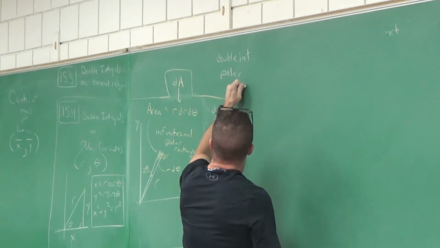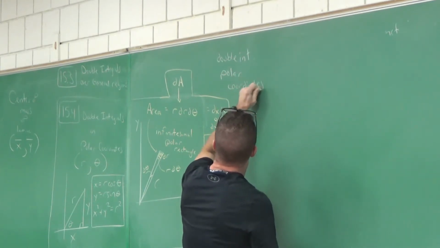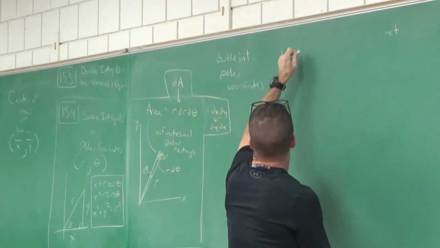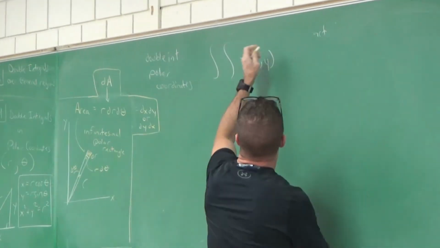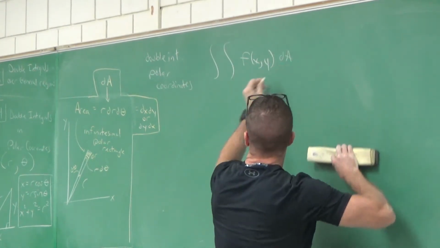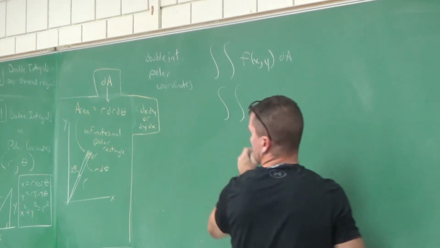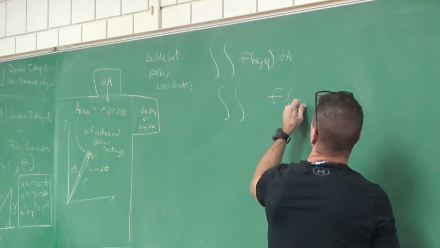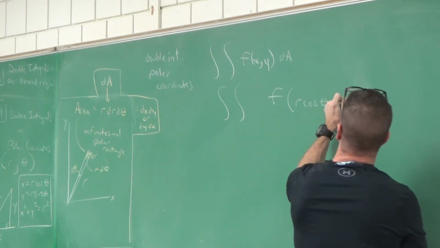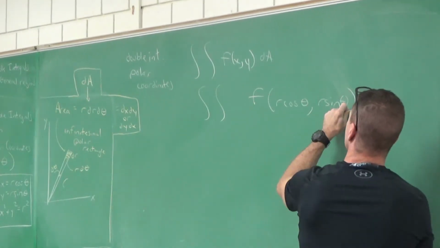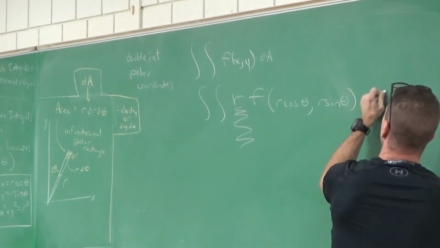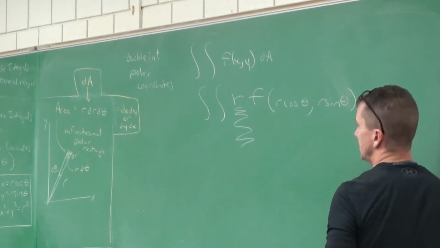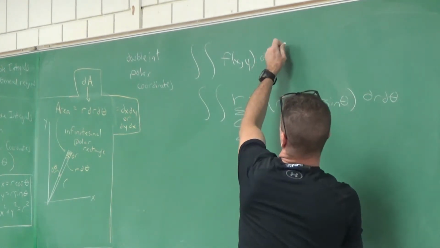Double integrals in polar coordinates: we said function of x and y, dA turned into function of r cos theta, r sine theta. I put down the letter r, right? Automatic? You already did. Isn't that what happens every time we say these are equivalent.